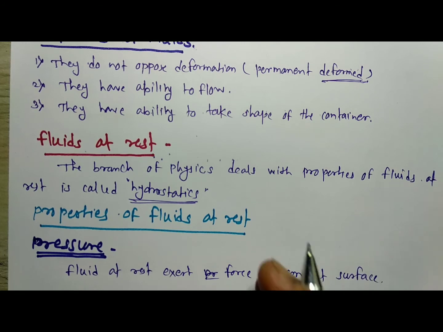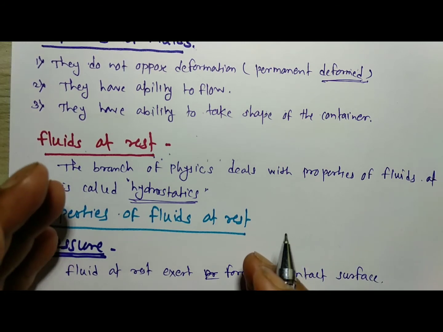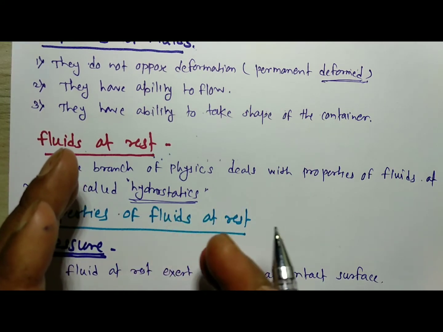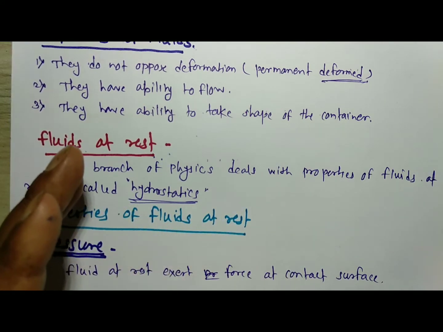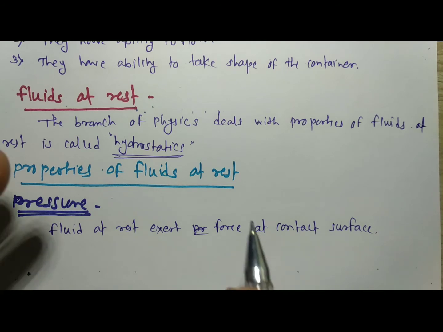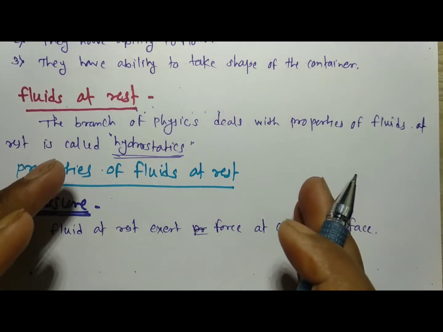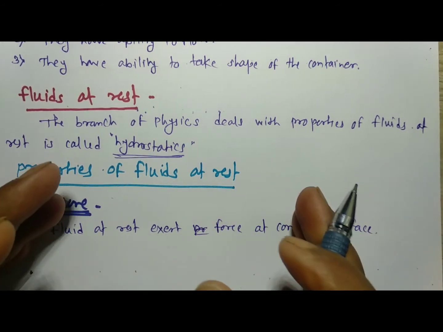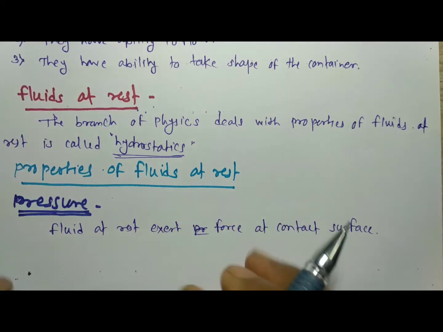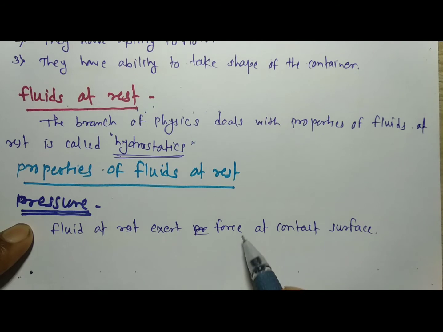That means when a fluid is in contact with a container, the wall of the container and the fluid are in contact, and there will be a production of force. Pressure is nothing but the force acting at the contact of surface and fluid, where they are in contact with each other.